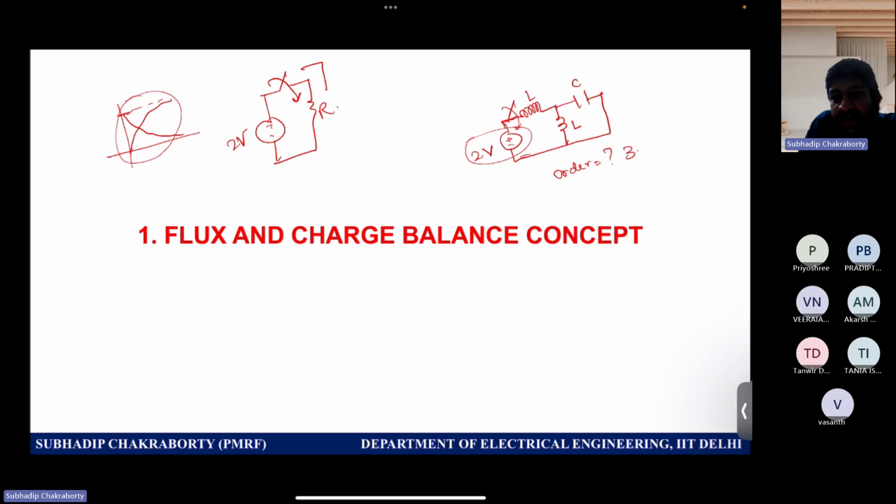It neither prefers nor retards. You impress the signal and it will follow Ohm's law, V equal to IR. It doesn't exhibit any kind of opposition, because it does not have any capability of energy storage.